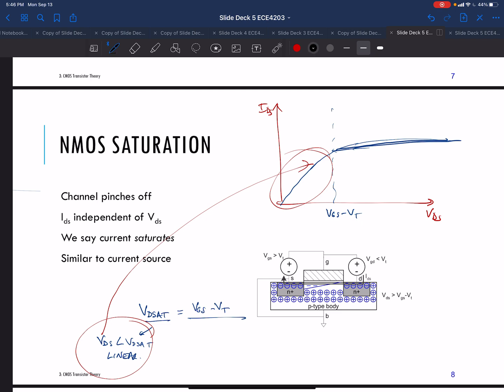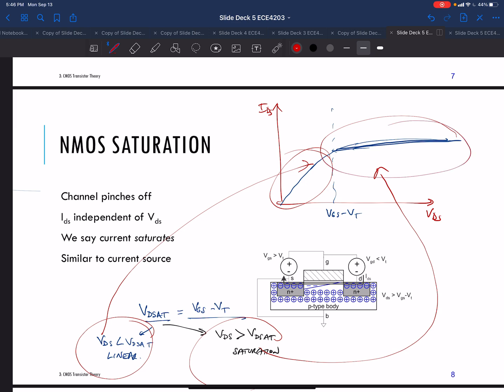And if VDS is larger than VD sat, we're in saturation, and we're on this part of the curve.